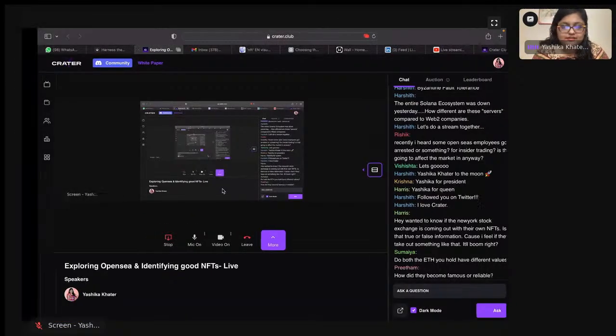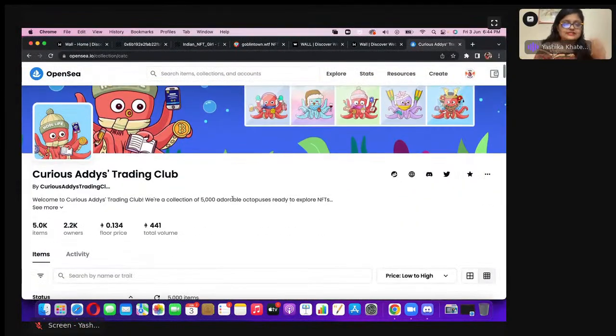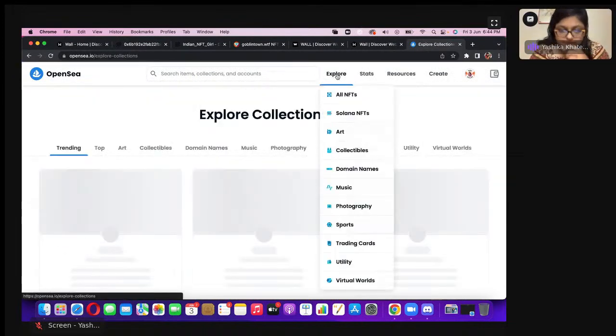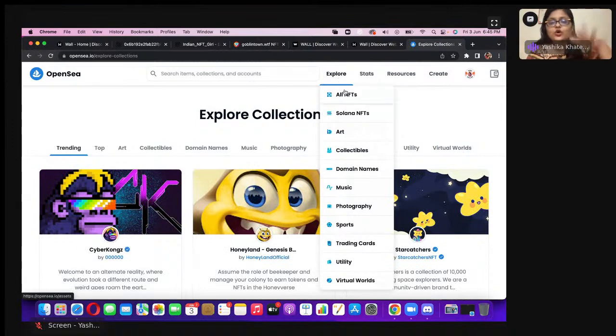Okay, so coming back here, say for example, I'm here at Curious Addies, but I wouldn't want to tell you more about this now. So these are all the categories of NFTs that are available on OpenSea. OpenSea already has NFTs on three blockchains right now. One is Ethereum, the main.